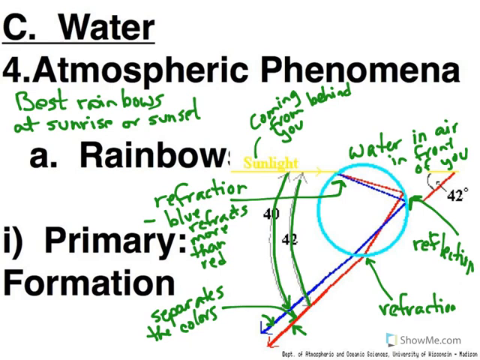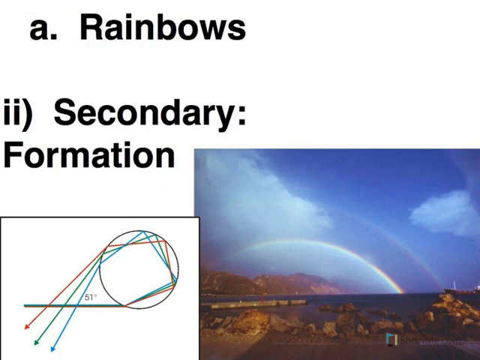So that's a primary rainbow. But you can also get a secondary rainbow. So here's our primary. Here's our secondary. And now the colors are reversed. Now you've got red on the inside of your rainbow and violet on the outside of your rainbow.